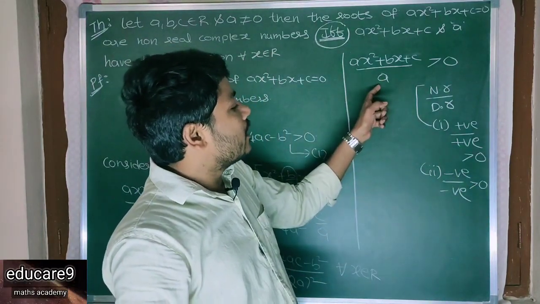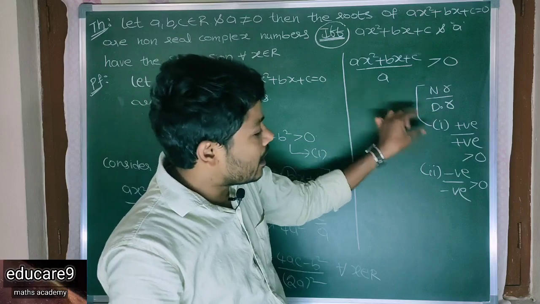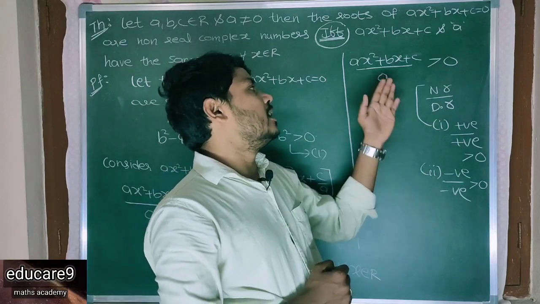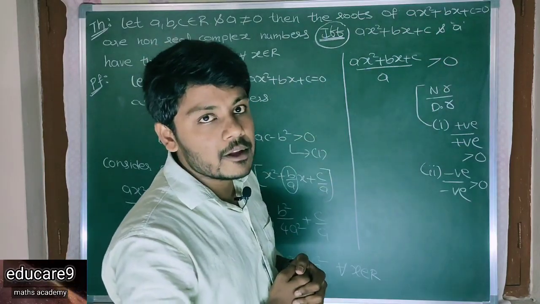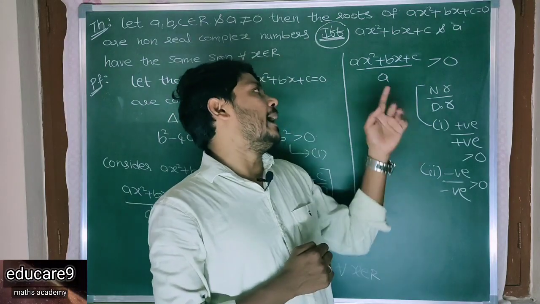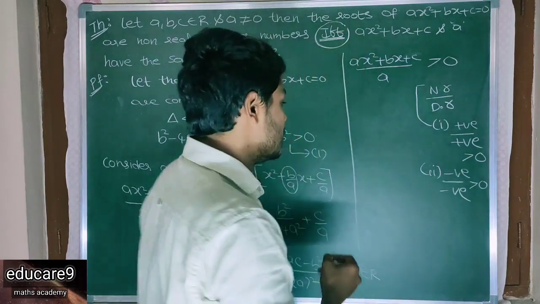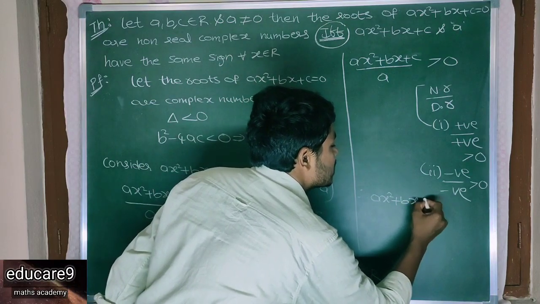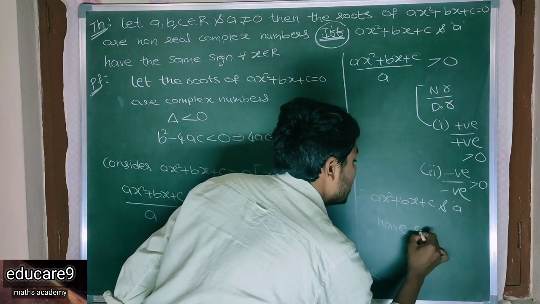So whenever it is positive, both numerator and denominator are positive, or both are negative. In these two situations, this expression, the quotient, is positive. So from this you can say that both the quadratic expression and a are either positive or negative, meaning same signs. Therefore ax square plus bx plus c and a have the same sign.